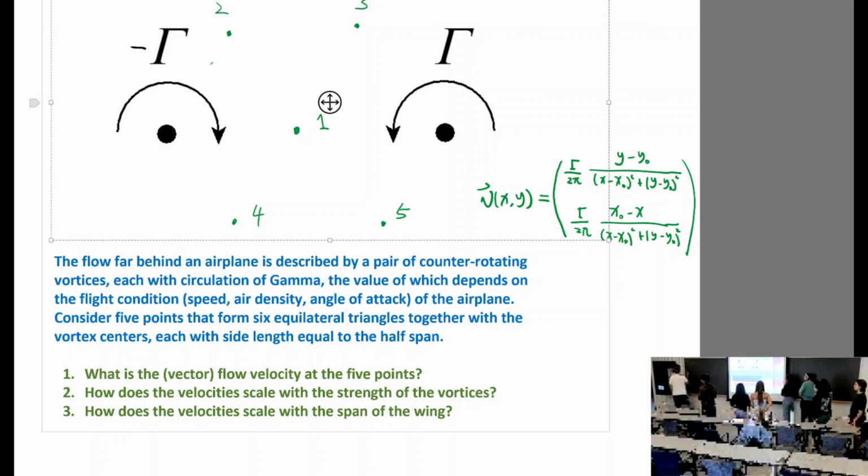If some of you have multiple chalks per team, if you can share them, that'll be great. Yeah, I'll take one. Thanks.